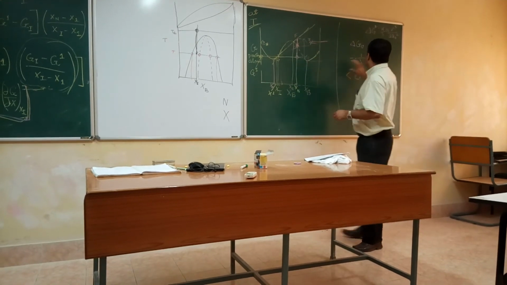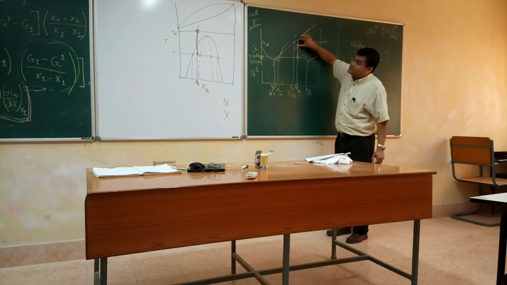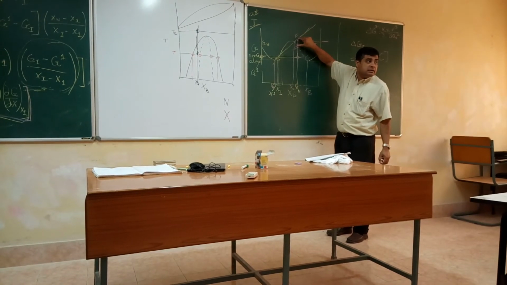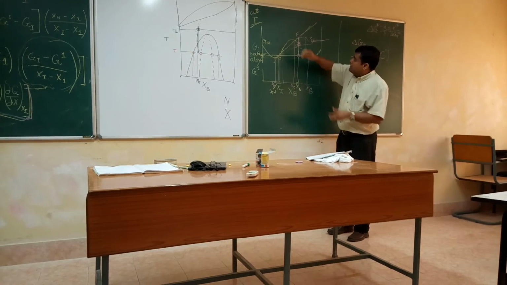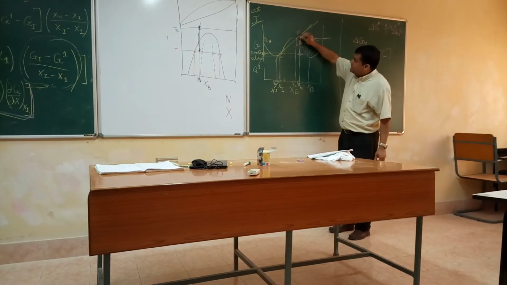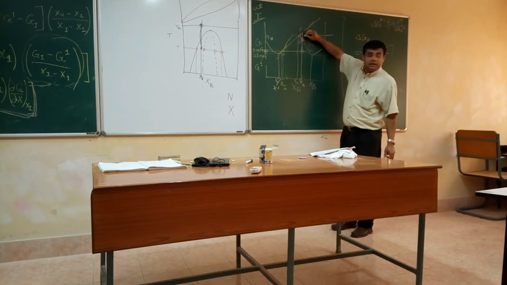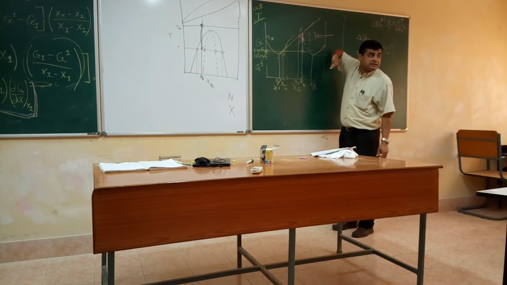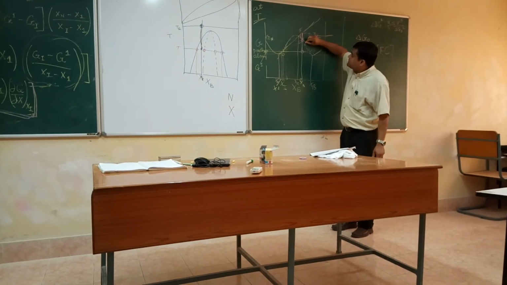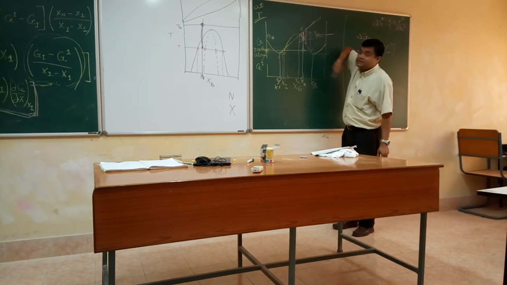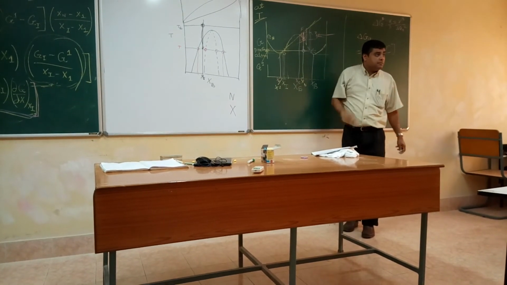Delta GV is nothing but this distance FC. If your composition is here, this is the distance. If the composition is here, this is the distance. Delta GV is increasing. If your embryo composition is here, this is the distance. Where is it maximum?